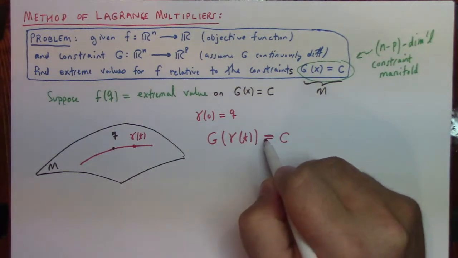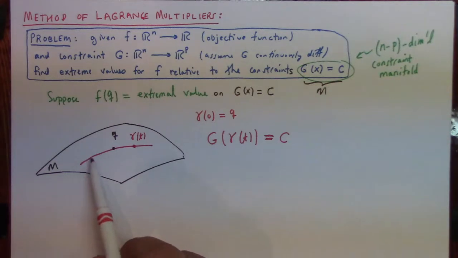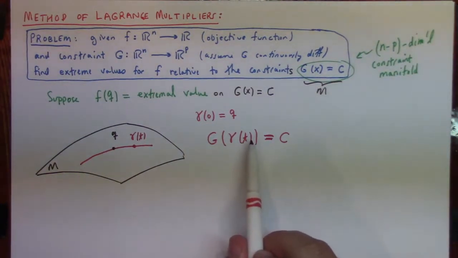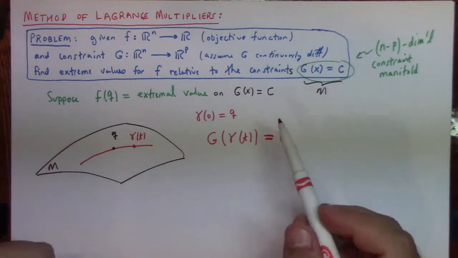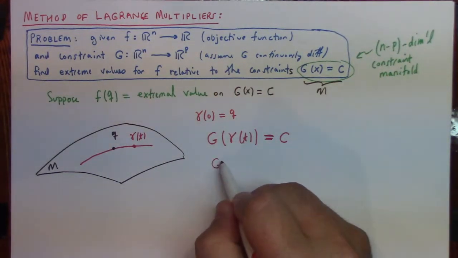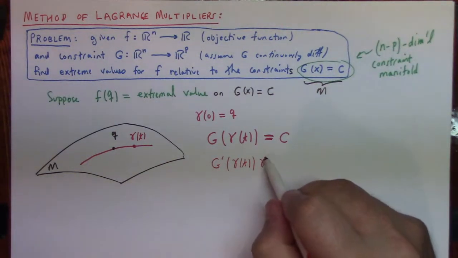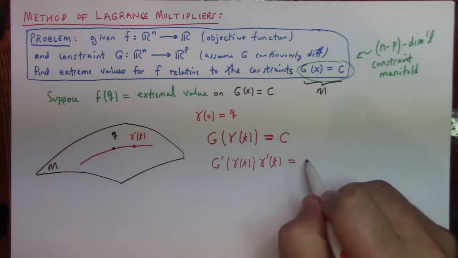Okay, great. So what's the relation between this path on the constraint surface and g? We can differentiate this. Differentiating, we get g prime of gamma of t times gamma prime of t is equal to 0.